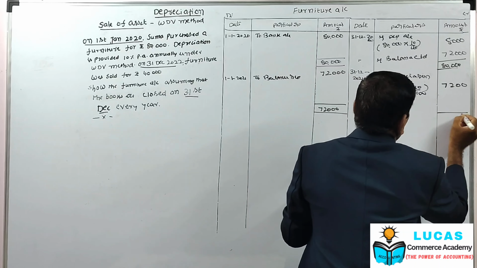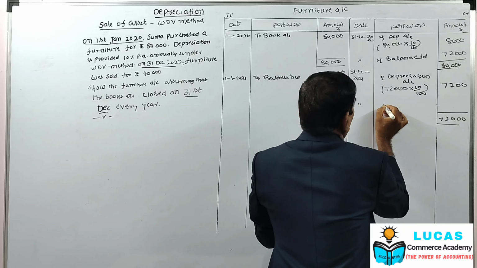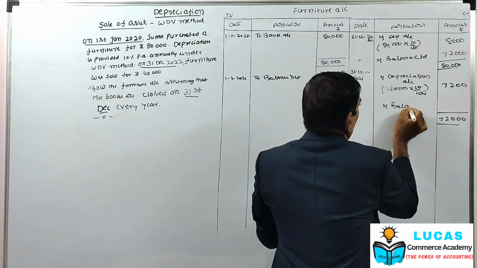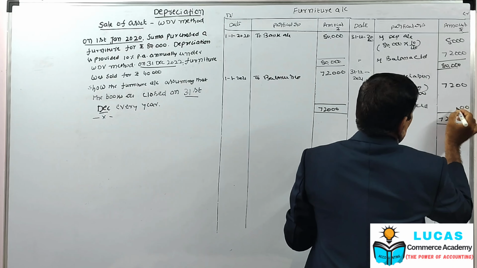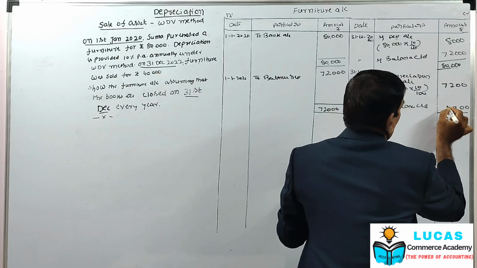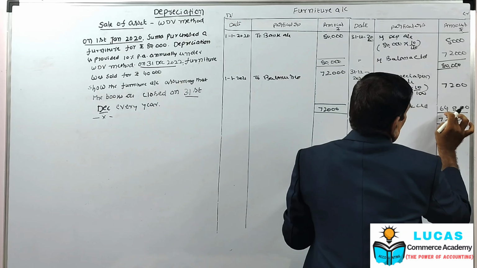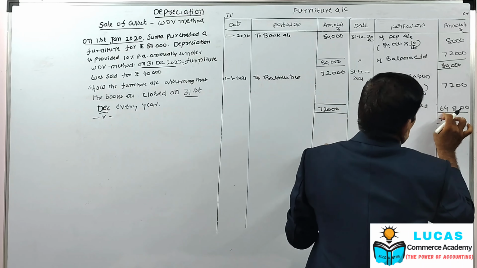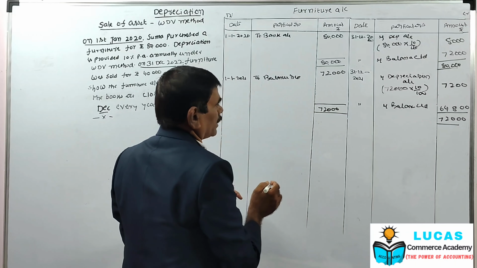Then the balance, 72,000 minus 7,200, so by balance carried down 64,800.